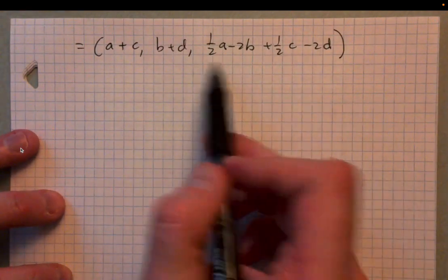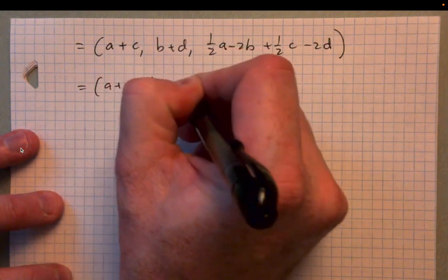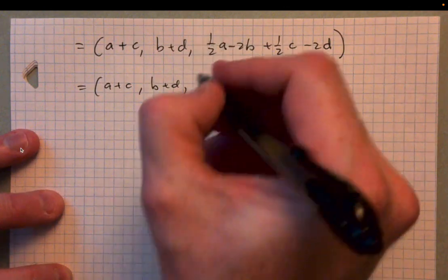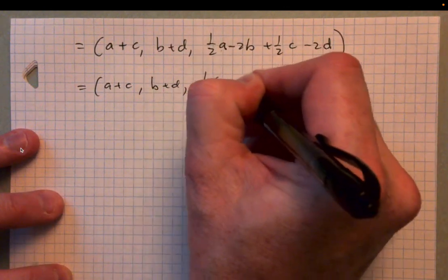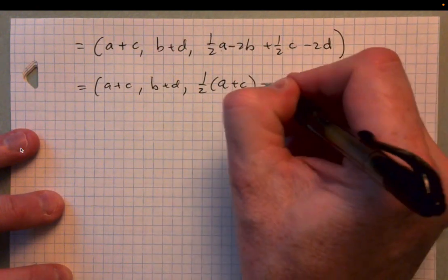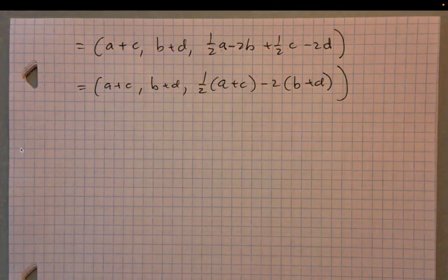Okay, and then we can group this. We've got A plus C, B plus D, and then let's group the A and C together here, and we can factor out the 1/2, right? And then group the B and D together, and we can factor out a -2. And there we have it, right?